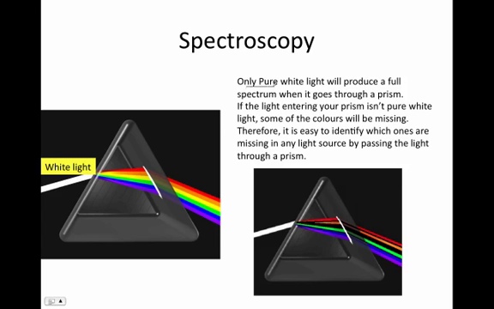We know that pure white light will produce a full spectrum when it travels at a certain angle through a prism. And that full spectrum is the colors of the rainbow, which make up visible light. If you take all the colors of the rainbow, that's what makes up white light.